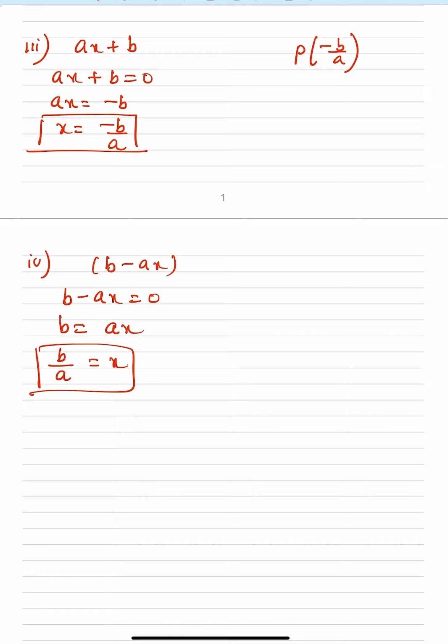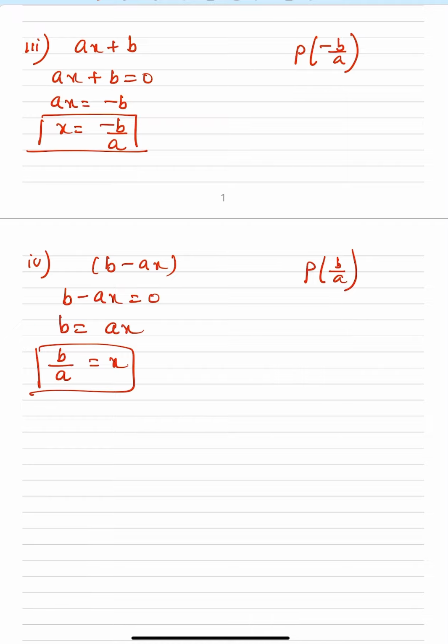So we know that the remainder is p of alpha. So here the remainder will be p of b by a. Got it? So this is the thing which you should know.